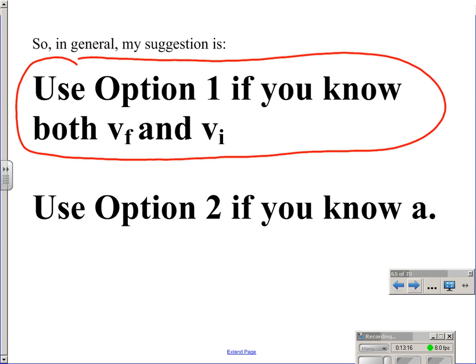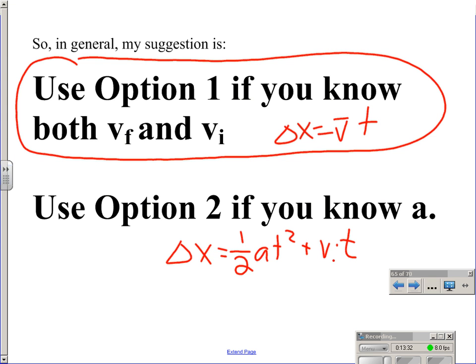Because if you know both VF and VI, it's pretty easy to find your average velocity, and once you know that, you can do this. Now, if you don't know VF and VI, you'll probably know your acceleration, and then I usually use this one. Okay, so this right here is a big reason why I keep saying write down what you know. If you take the time to write down what you know, it'll make it way easier to figure out which of these 2 equations to use.